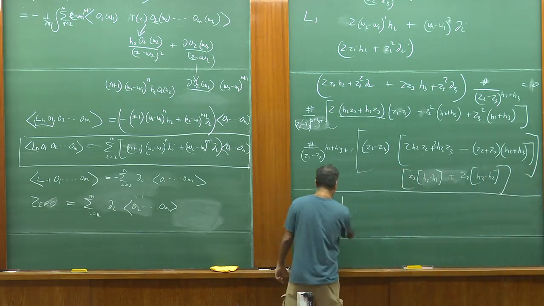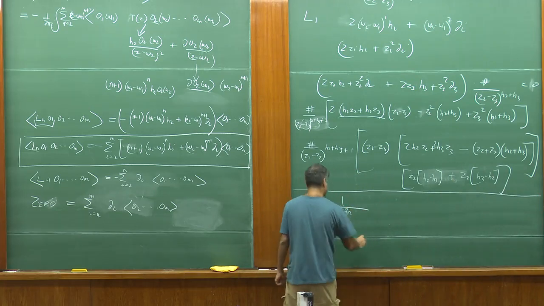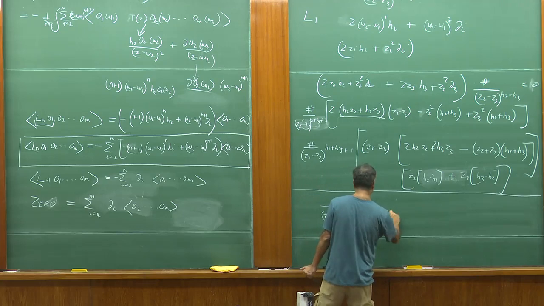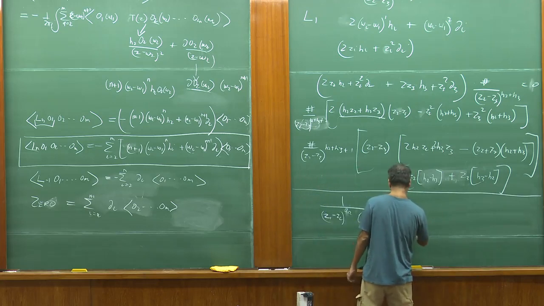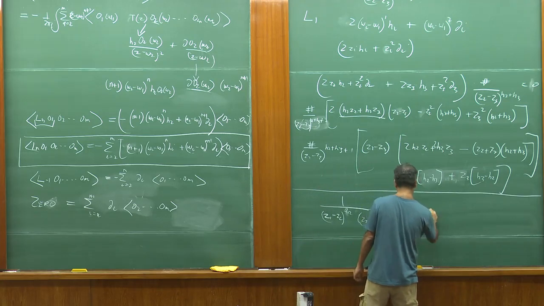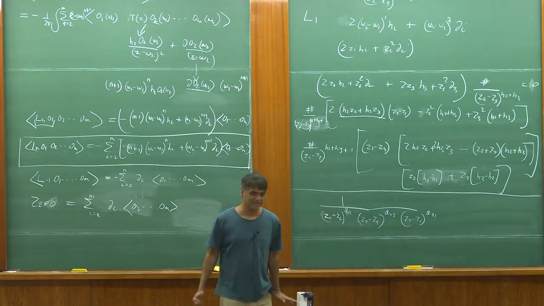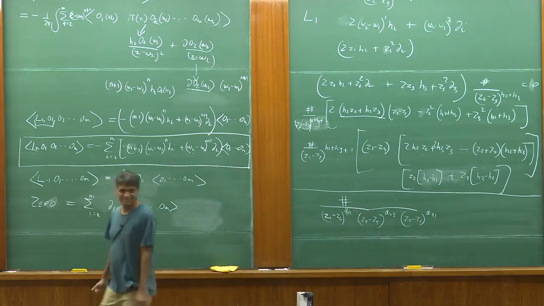So clearly the answer must take the form (z1 minus z2) to the power a12, (z2 minus z3) to the power a23, and (z3 minus z1) to the power a31, times some number, of course.